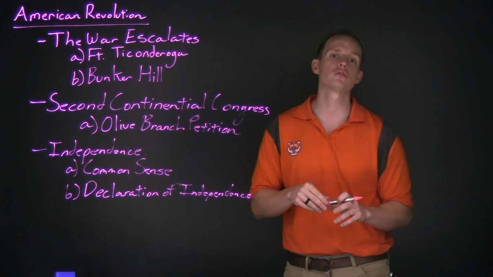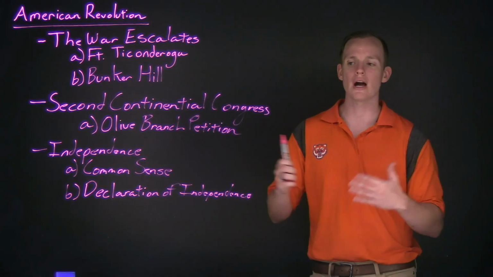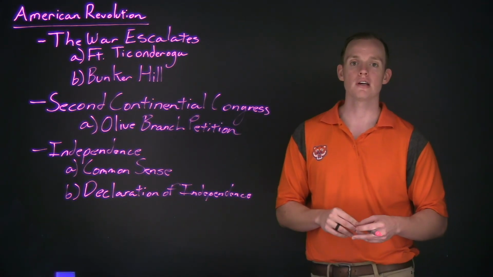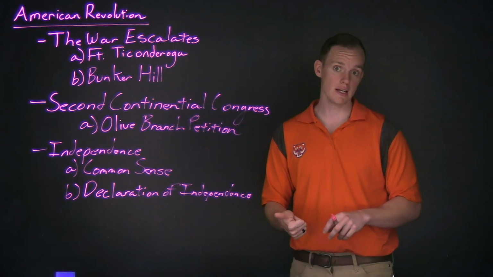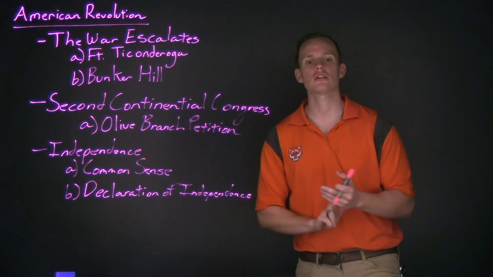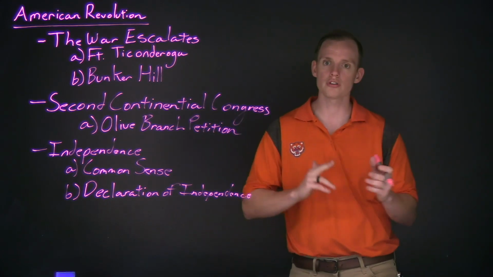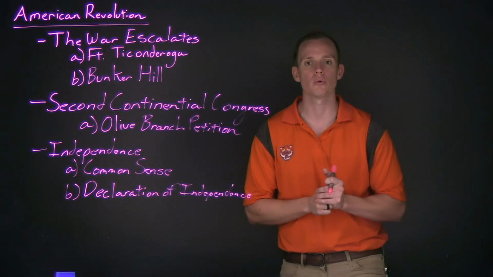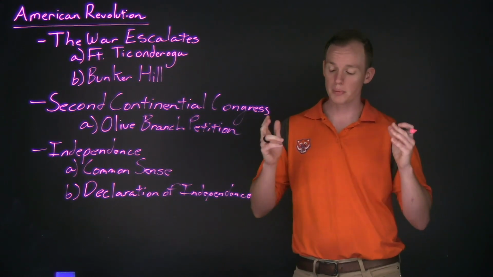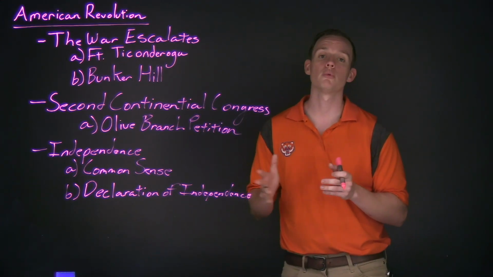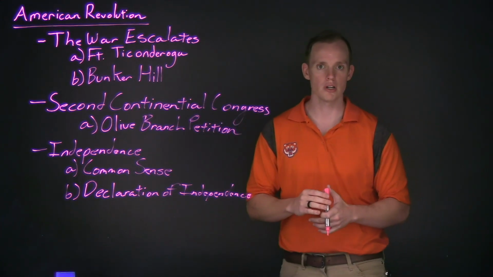However, the 3 individuals that will be tasked with writing and drafting the Declaration of Independence would be Benjamin Franklin from Pennsylvania, John Adams from Massachusetts, and Thomas Jefferson from Virginia. And you can look up the background on ultimately how Thomas Jefferson came to write the Declaration of Independence. But being from Virginia, he would be the one tasked with writing the Declaration.